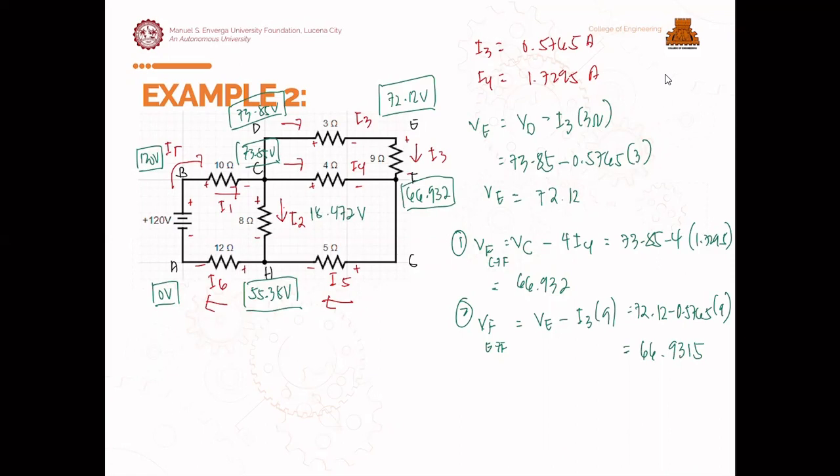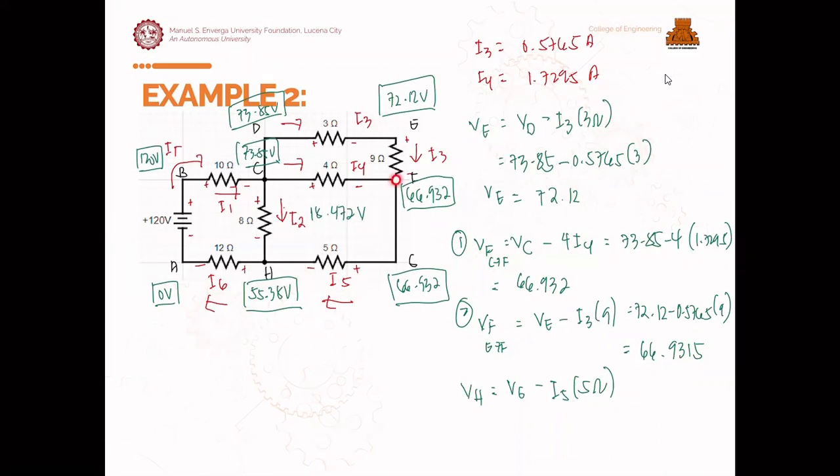So, ultimate check natin ngayon is from G to H. No? So, G to H. So, towards negative tayo. So, 66.932. Okay. So, VG minus I5 times 5 ohms. Pero wala pa pala tayong value ng I5. Okay. So, yung I5 is just dito.